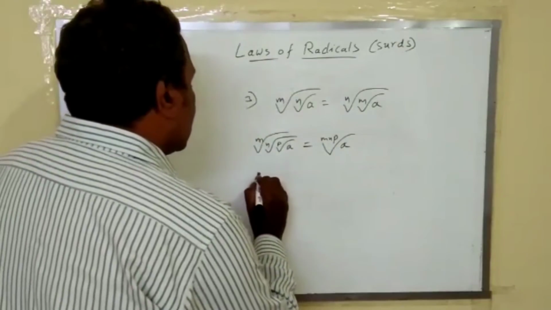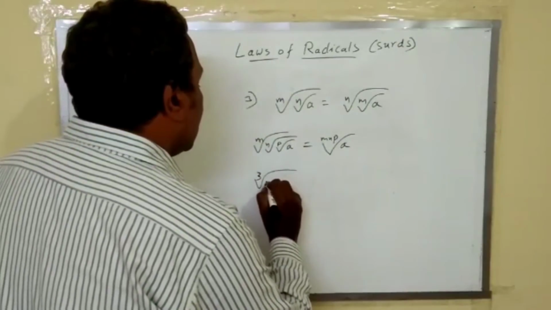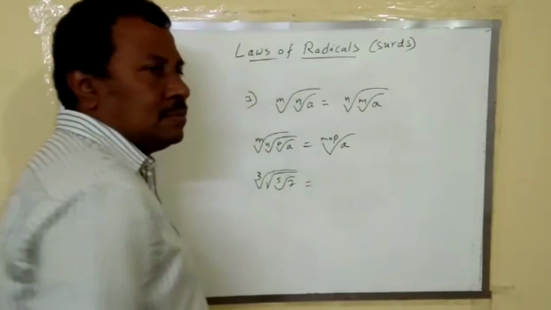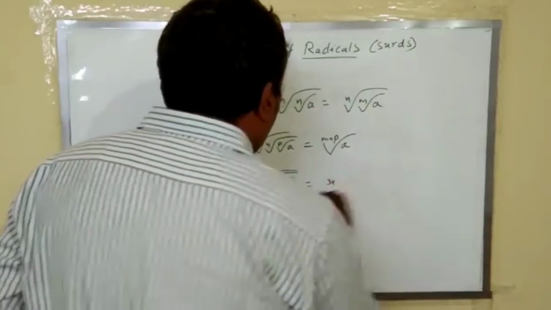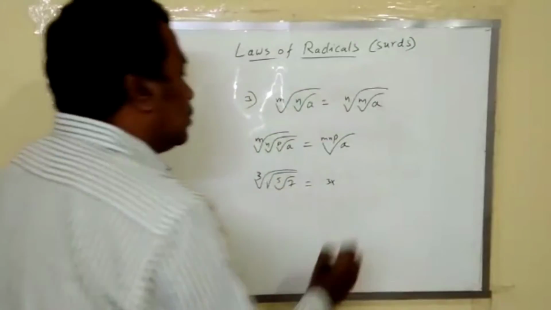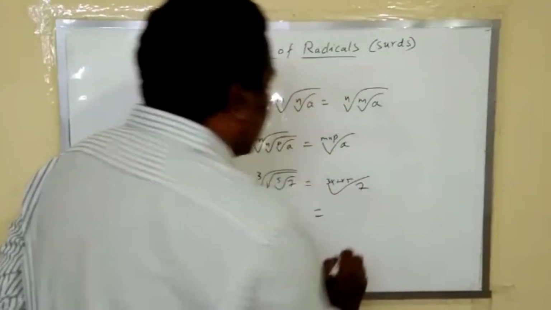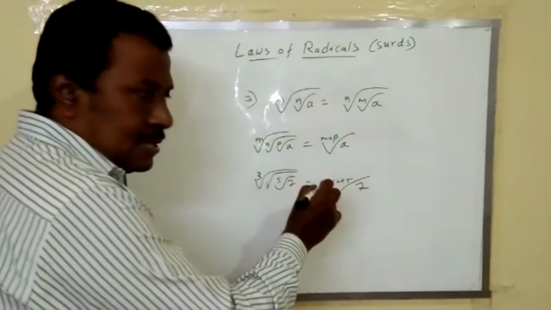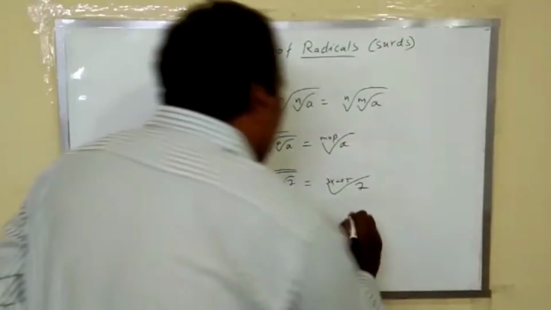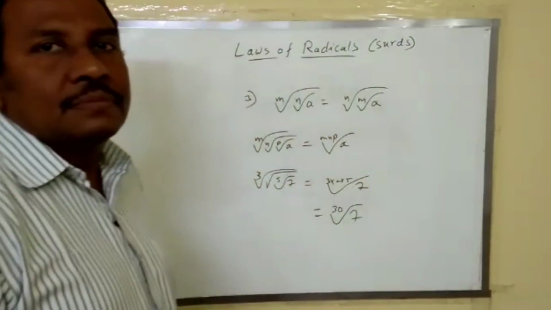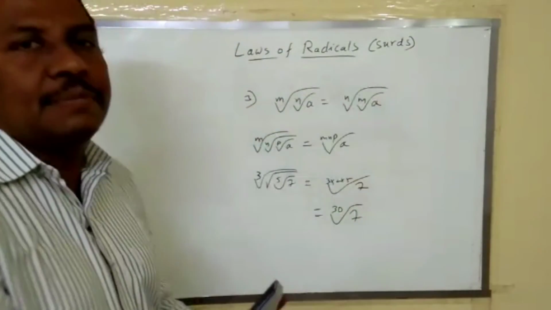Example, cube root, square root, fifth root of 7. That becomes 3 into 2, here the order is 2, 2 into 5 root 7. 3 2s are 6. 6 5s are 30. That becomes 30th root of 7. Okay, like that you can keep as many as you want.